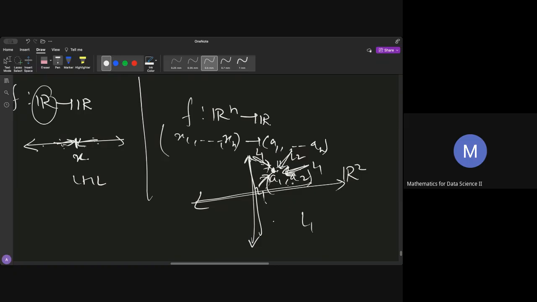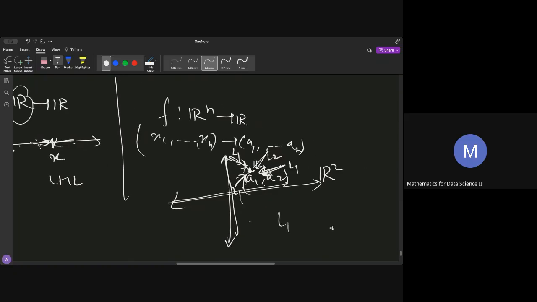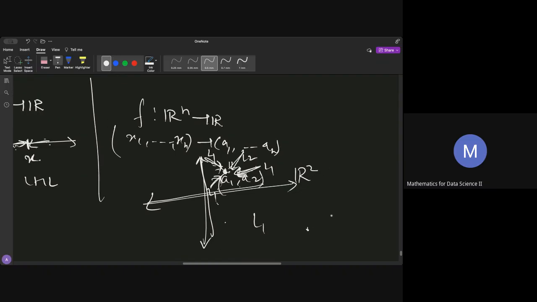And by every direction, I mean whatever direction is possible, there are infinitely many directions to approach this point. Even if in one direction the limit comes out something else from the other, we say the limit does not exist, right? If any two directions' limits do not match, that means the limit does not exist. You don't need to find others.